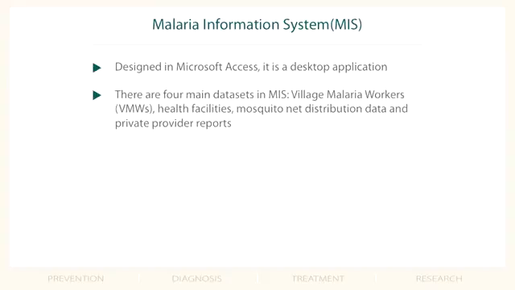The first one is the village malaria worker report, which contains the malaria cases detected by VMWs. The second is malaria cases detected by health facilities. The third is the number of nets distributed every year. And the last one is private providers, where we collect the malaria cases treated by private providers.